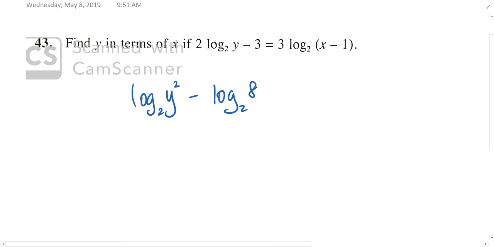Why? Is negative of? Equals to negative log base 2 8.